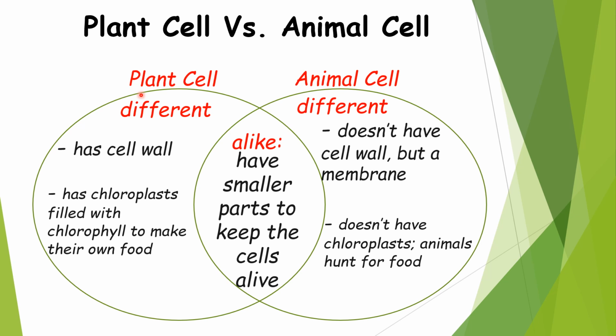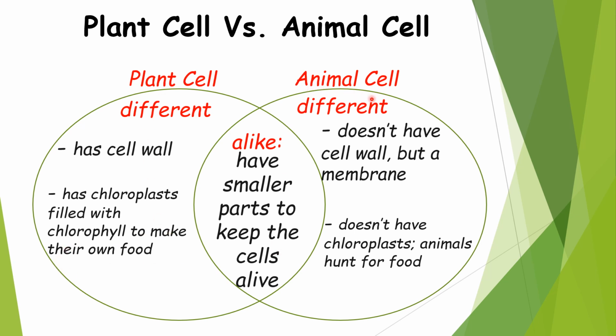How do they make their own food? They have special parts inside their cells, which are the chloroplasts. They are like bags. They are filled with chlorophyll, and the chlorophyll allows the plant to make its own food.